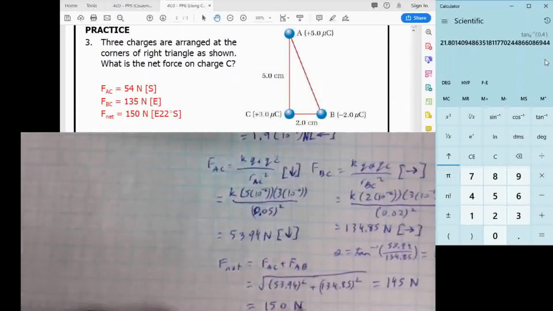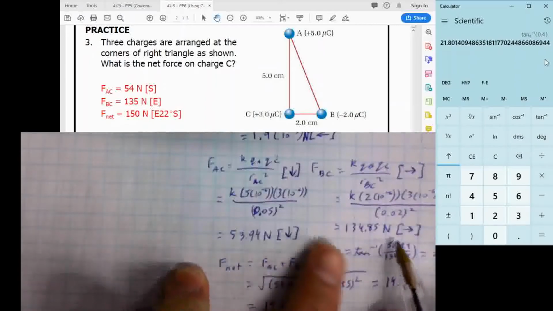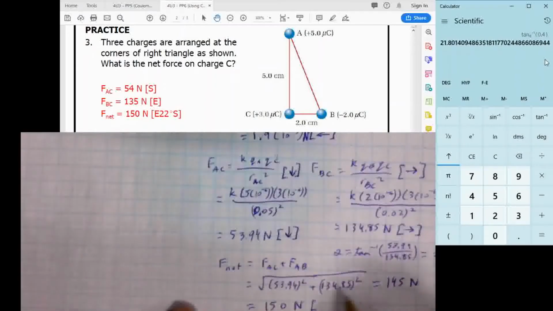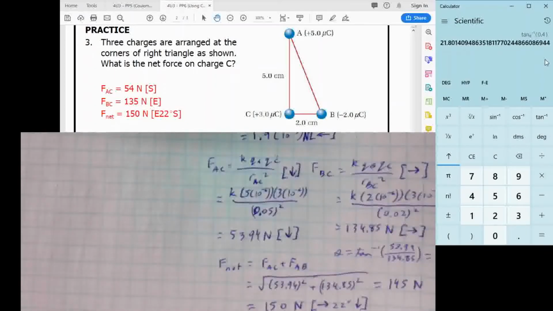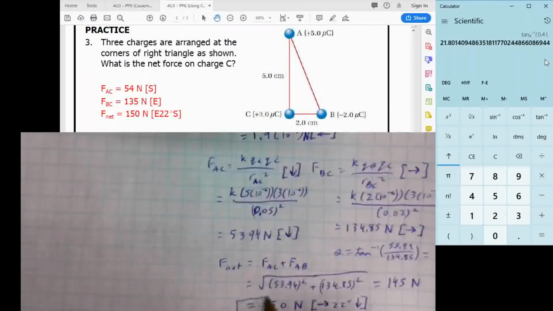So this is 22 degrees. The larger value first is here. So it's going to go to the right and then make a 22 degree turn down. So this is my solution here.